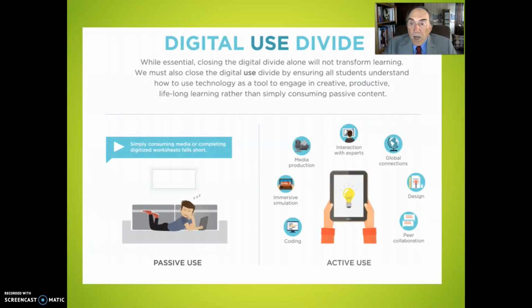Closing the digital divide regarding technology accessibility and equity alone, however, does not transform learning.